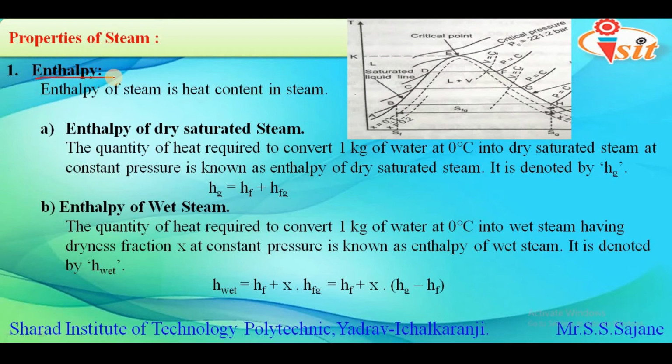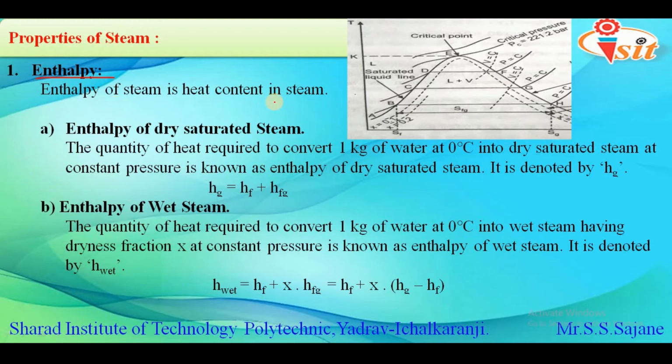Regarding enthalpy, we have already studied what is the meaning of enthalpy in the first chapter. So here we are interested in the mathematical formula to calculate the enthalpy for various conditions of steam. So enthalpy of steam is nothing but the heat content in the steam.